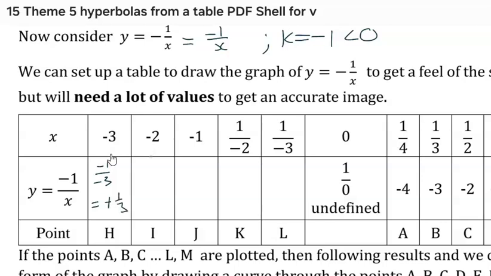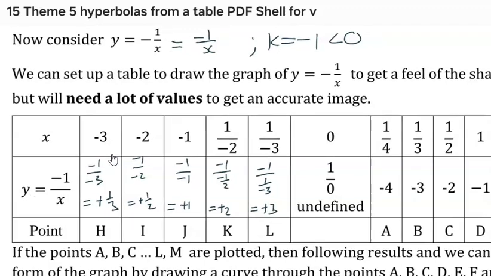And if I get minus 1 divided by minus 2, I will get plus a half. And minus 1 divided by minus 1, I will get plus 1. And minus 1 divided by minus a half will give me plus 2. And minus 1 divided by minus a third will give me plus 3.